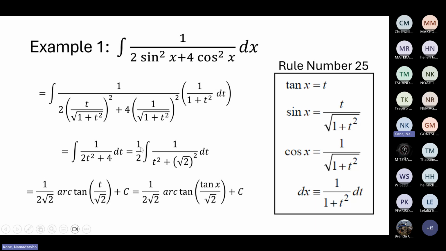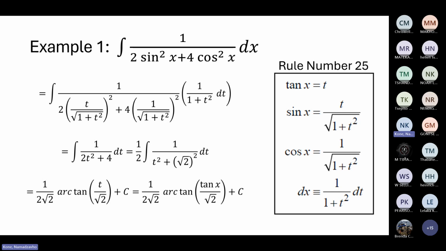It's the 1 over 2 that we already put there, and then the rule says it's 1 over a. So 1 over square root of 2, multiplied by the 1 over 2 that was there already, gives us this 1 over 2 square root of 2. Arctan t over square root of 2 plus c. But t was brought by us, so we must remove it again so that we get the answer as that one, which is exactly what he said.